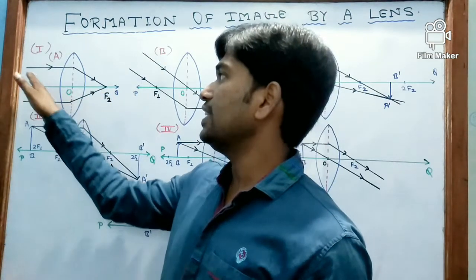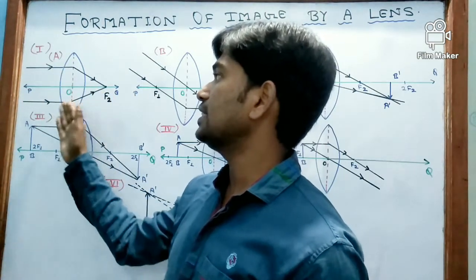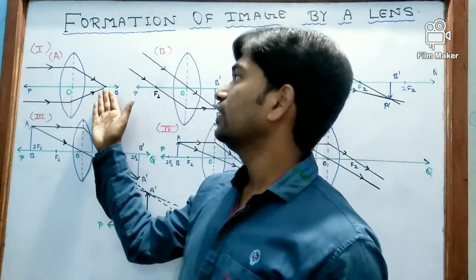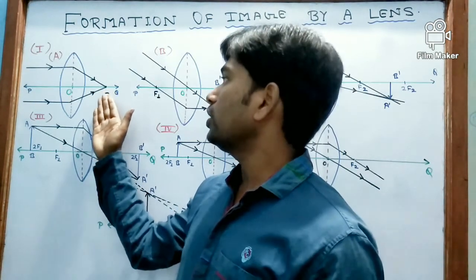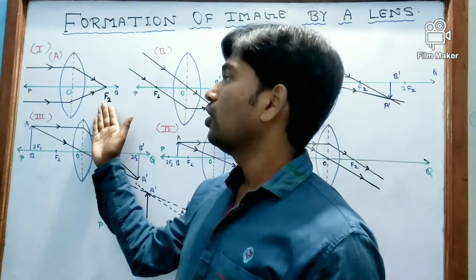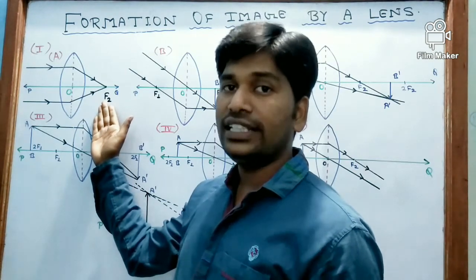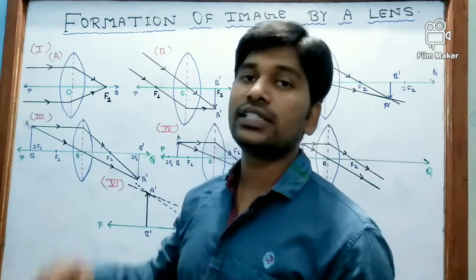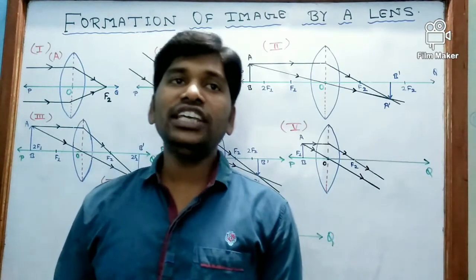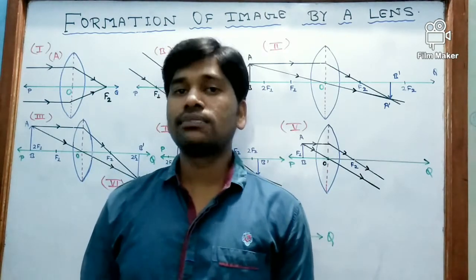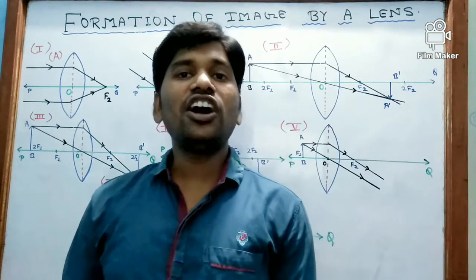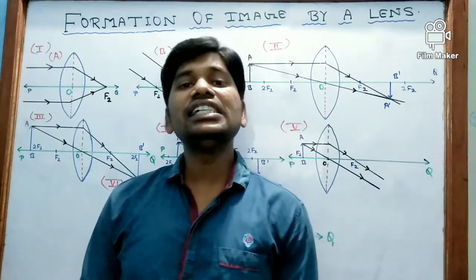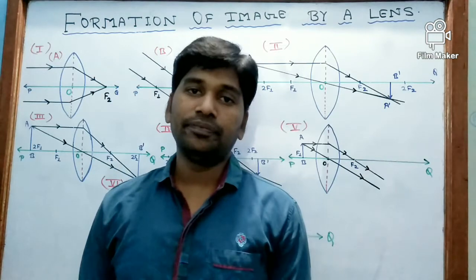When the rays of light come parallel to the principal axis, after refraction they converge at the focus on the other side. So image is formed on the other side of the lens at focus. The size of the image is very small, that is highly diminished, and the nature of image is real and inverted.